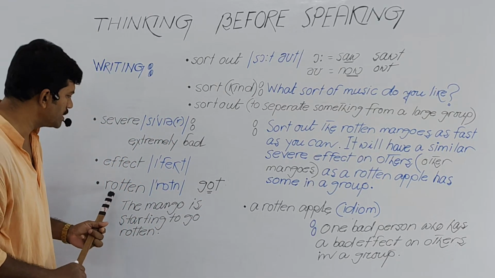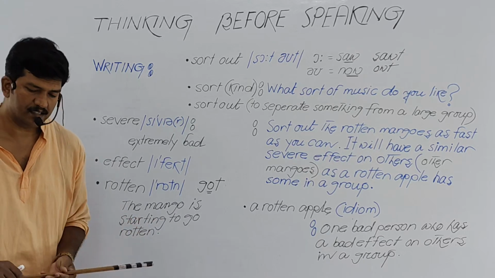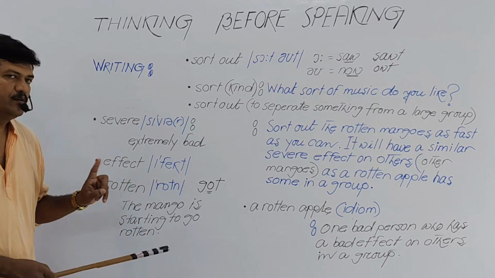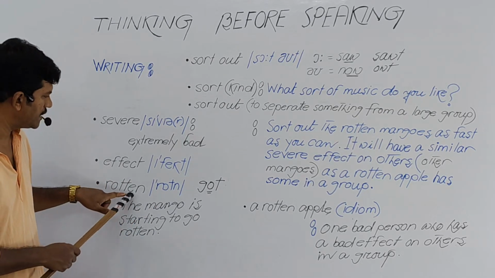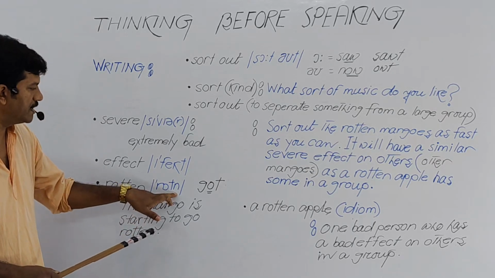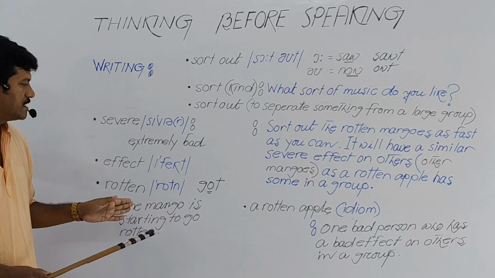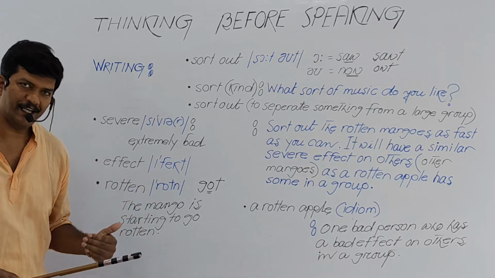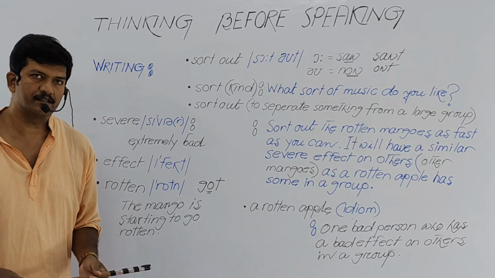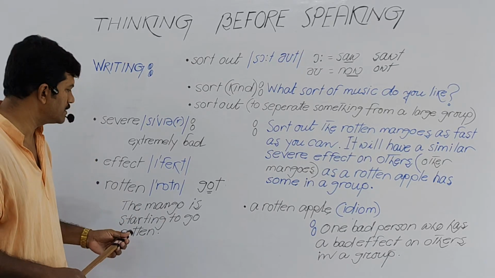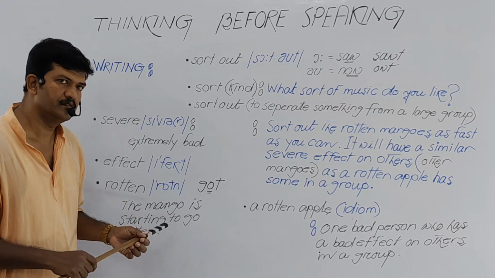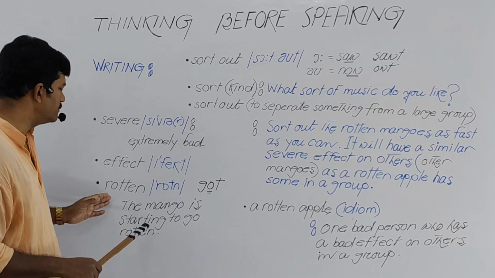And here O sounds like O, got. Now TT becomes T, one sound to produce, and EN sounds like in. That means when N comes immediately after T, it becomes quite fascinating to pronounce. It's rotten, not rotten.